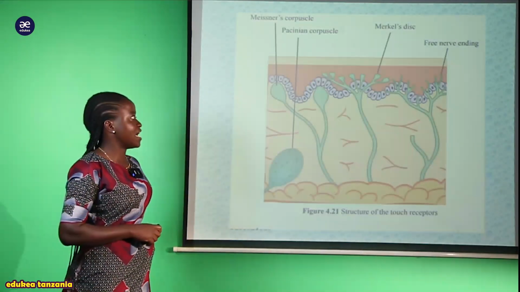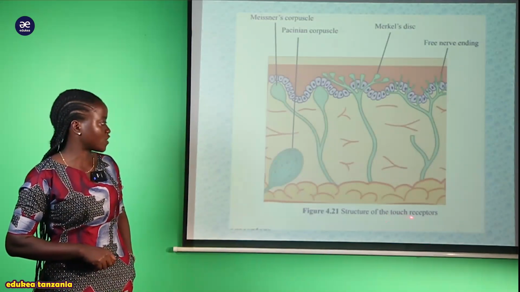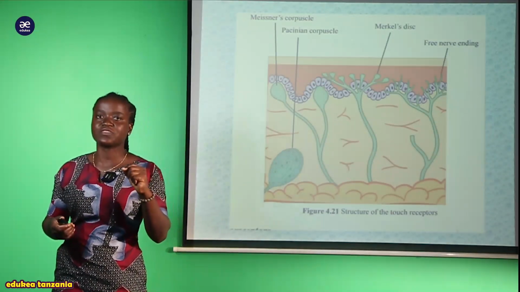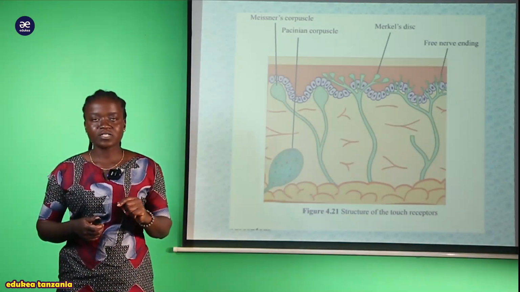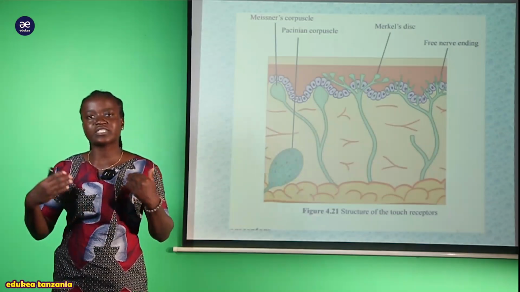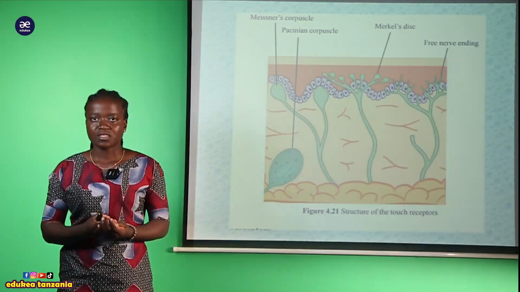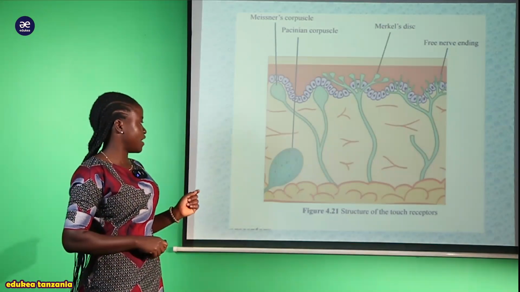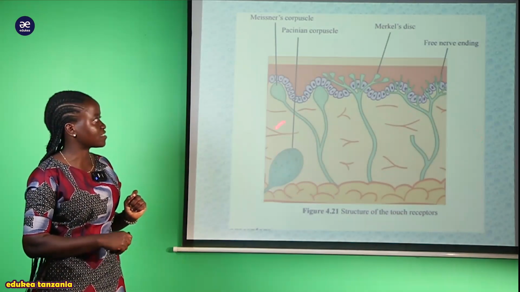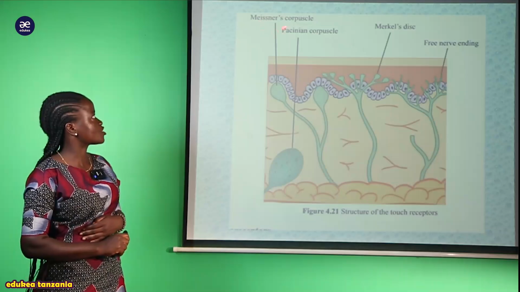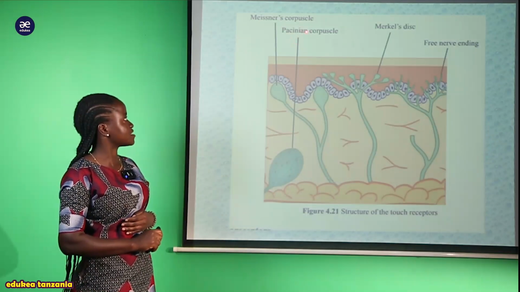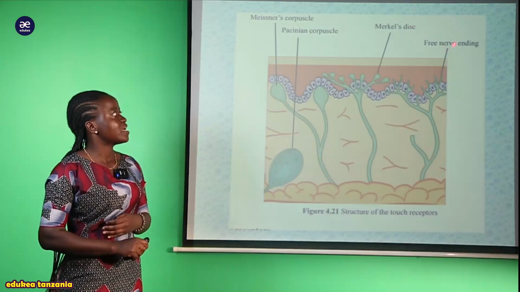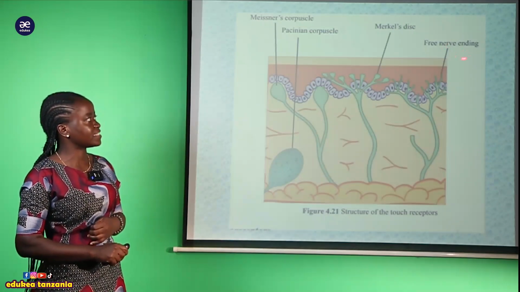As you can see here, my student, this is the structure of the touch receptor. We have seen that the touch receptor is mainly found within the skin. Kwa hiyo sasa ina uwezo mkubwa wa kudetect any kind of changes that is occurring within the environment. Within this touch receptor, that is the skin, we have the Meissner's capsules, the Pacinian capsules, the Merkel discs, and also the free nerve endings.